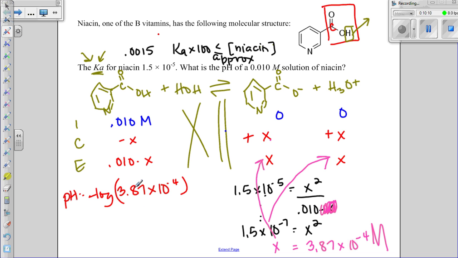Negative log of that answer, pH equals, if I have 2 significant figures, that means 2 digits after the decimal, so 3.41. Now, I left everything in my calculator, so if you solved, you may have gotten something slightly different.